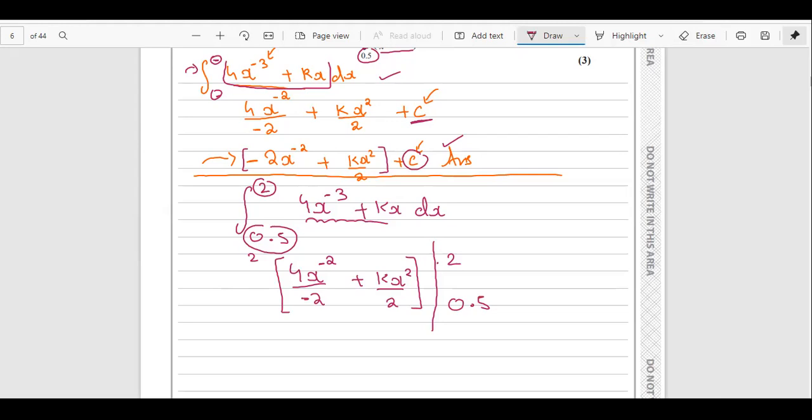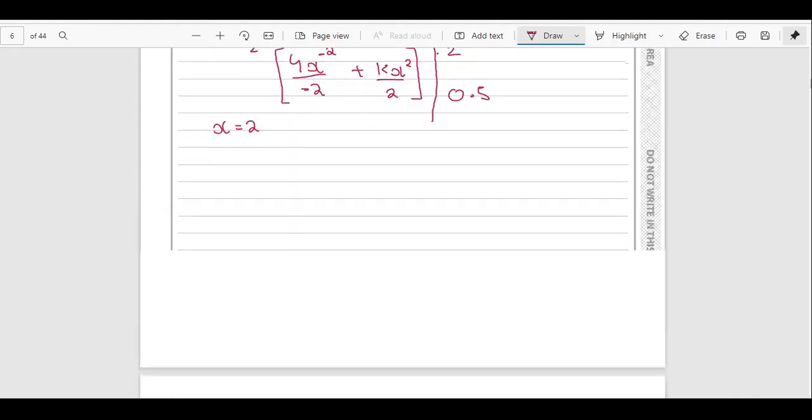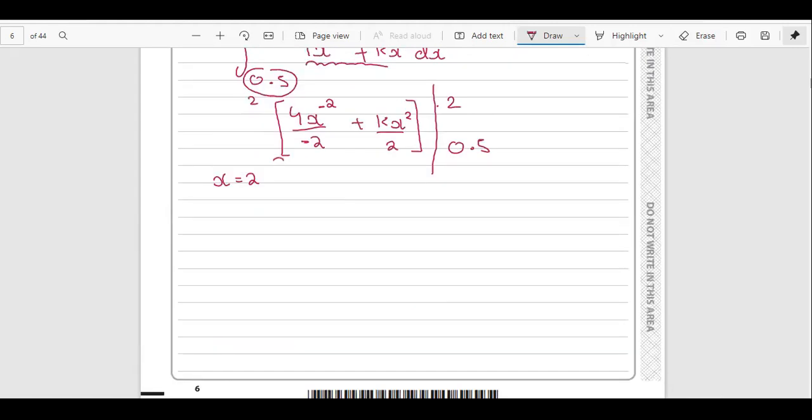Now the next step is to use x equals 2 in this expression which we got as our integral. Let's do that. 4 divided by minus 2, we have x to the minus 2, so can I write 2 to the 2? Because I need to use x equals 2. Plus k will come as it is. I don't know what the value of k is. Into 2 square by 2.